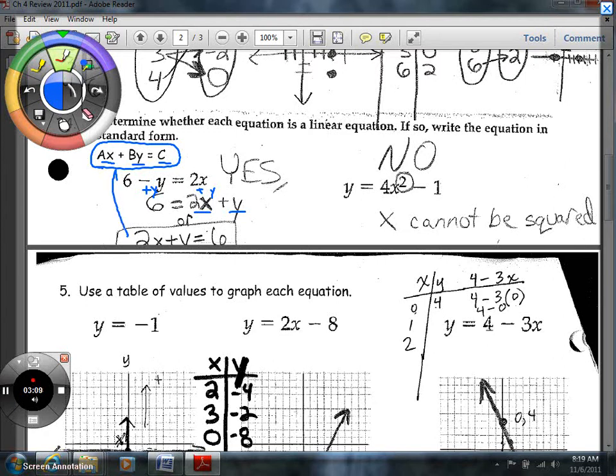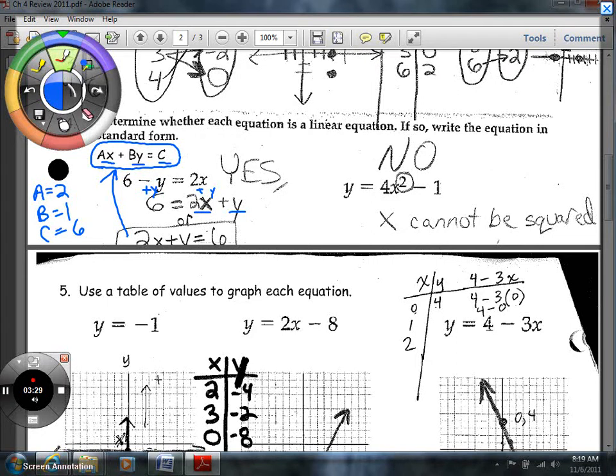If you wanted to say what are your a, b, and c, the a is equal to the number in front of the x, which is 2. The b is the number in front of the y, which, there's really not a number, so it's 1. And then the c is 6.